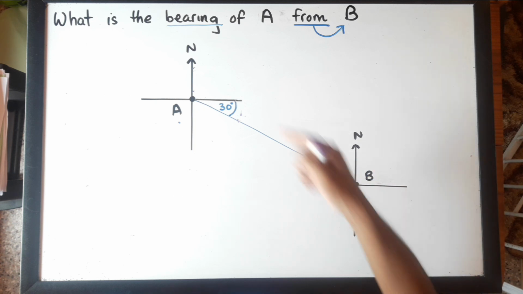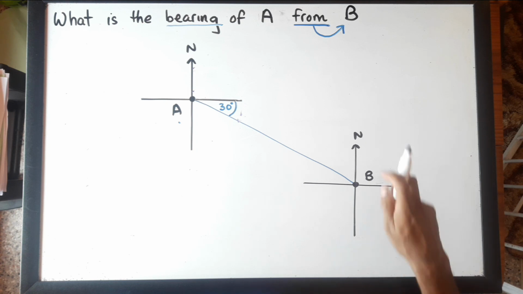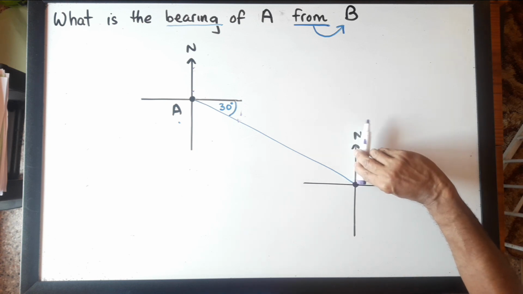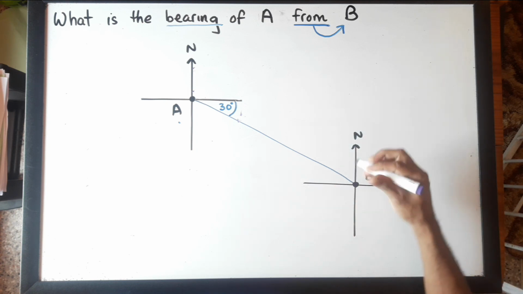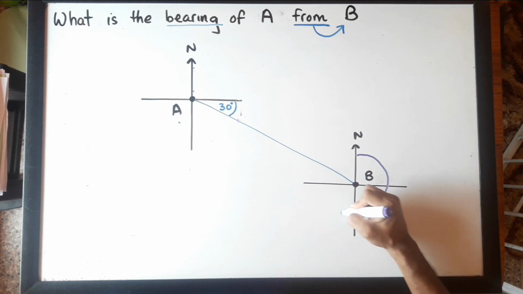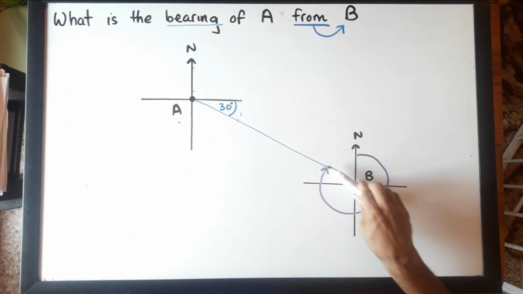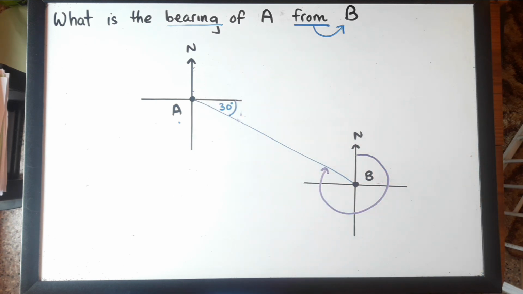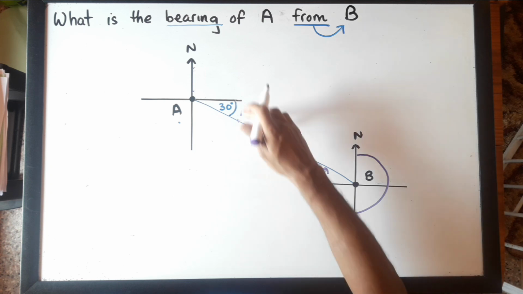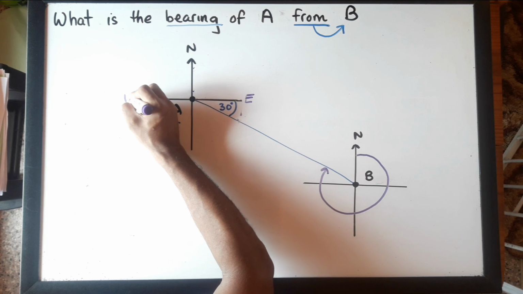But there are rules. Bearings are only measured from north in a clockwise direction. So they want us to start at north and turn clockwise until we reach the line that is facing A. Well, let's use our alternating angles. Remember, here's east and here's west.